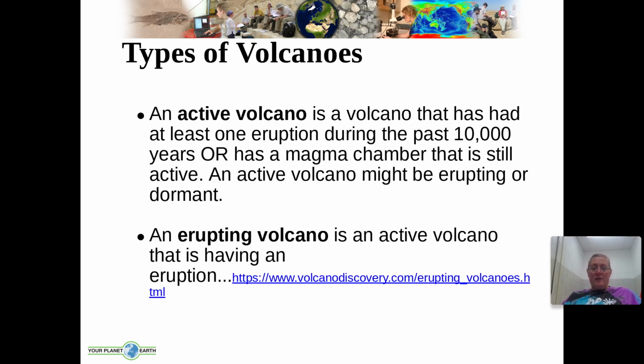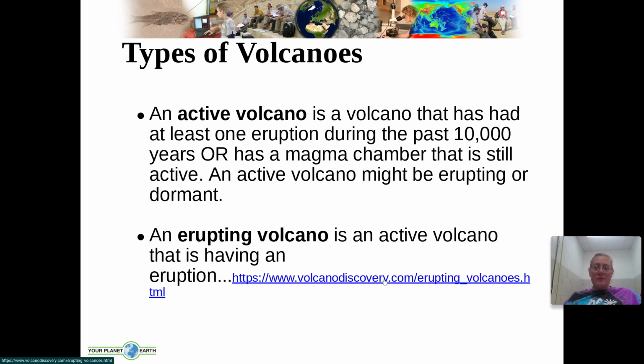Types of volcanoes. You have an active volcano, which has had at least one eruption in the past 10,000 years, or has a magma chamber that is still active. An active volcano can be erupting or dormant. If it is erupting, it is having an eruption right now.